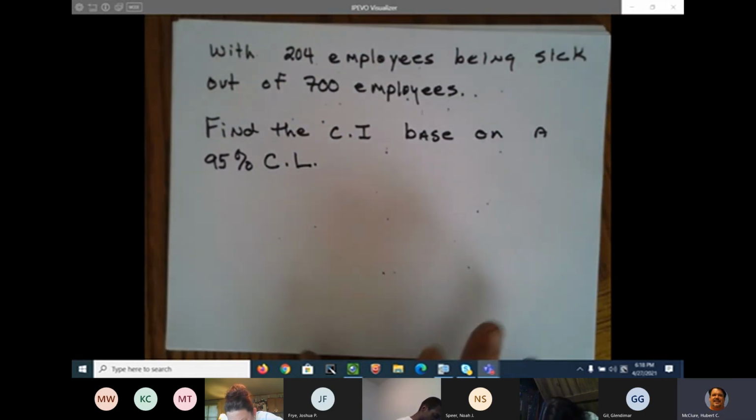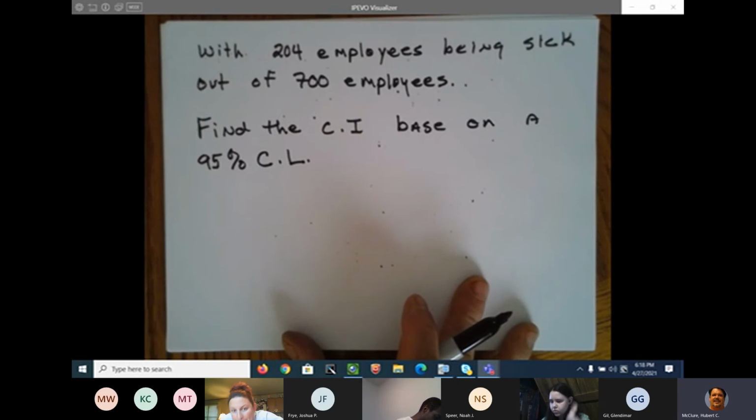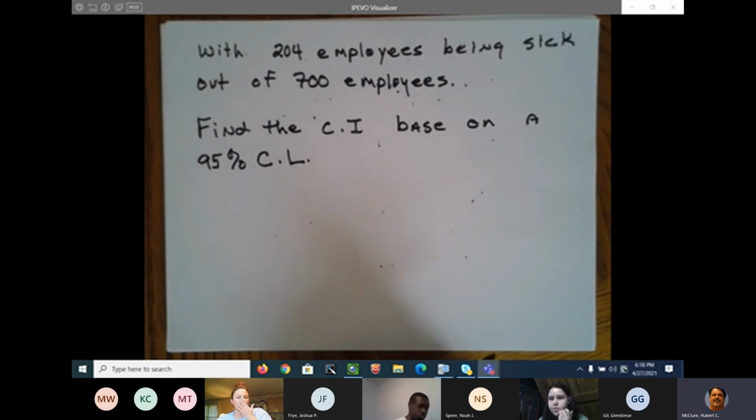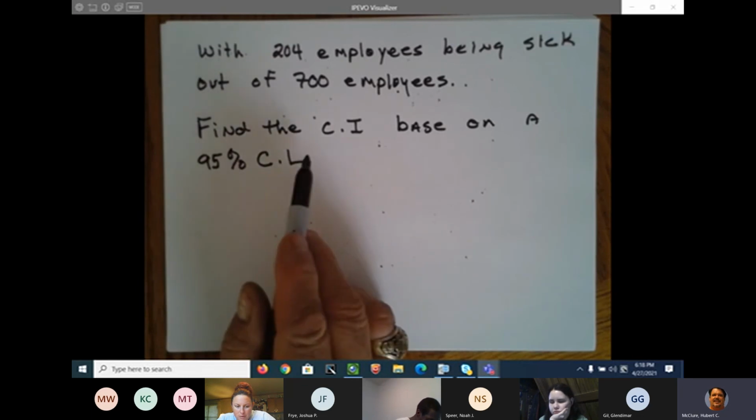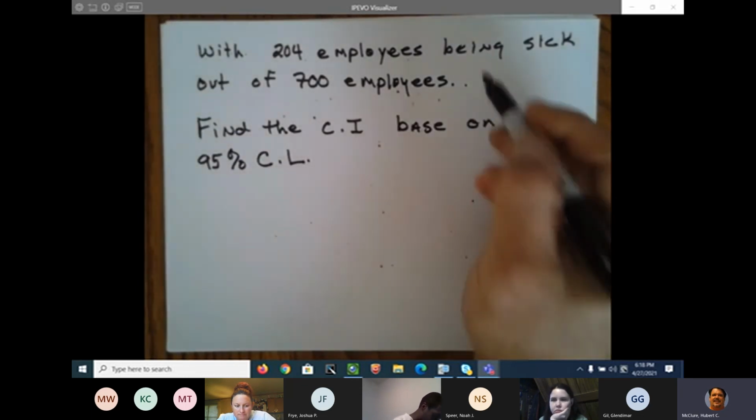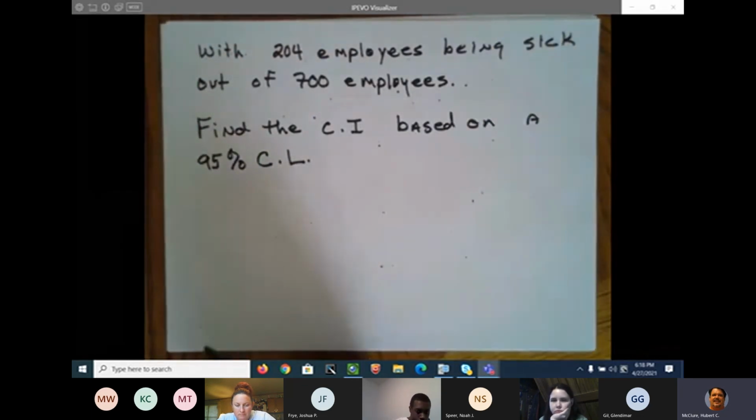Okay, there is the question. The first part could be reworded, it could be anything. But it says with 204 employees being sick out of 700 employees, find the confidence interval based on a 95% confidence level. So let's write down what we have.